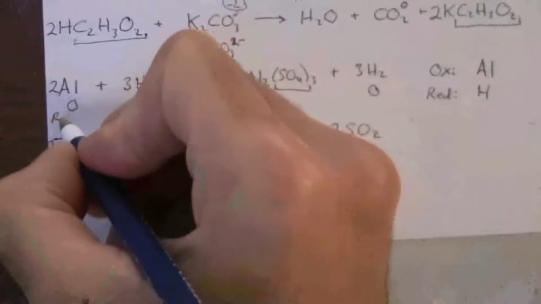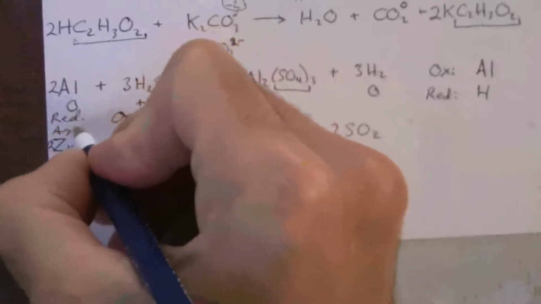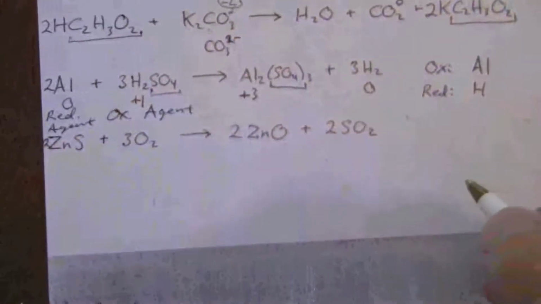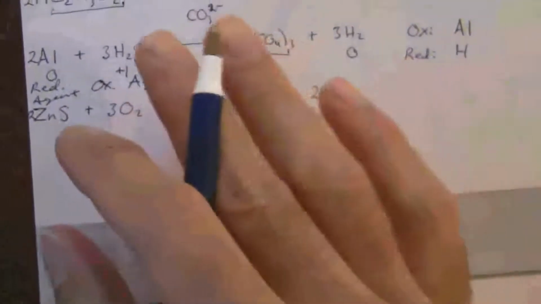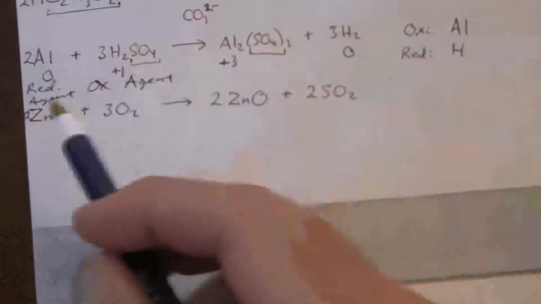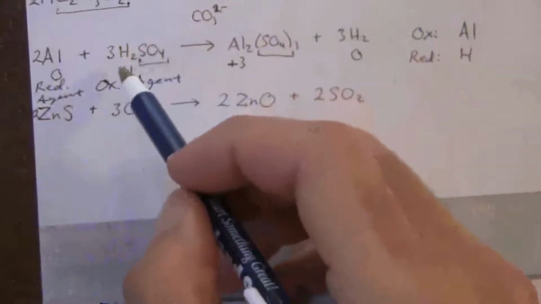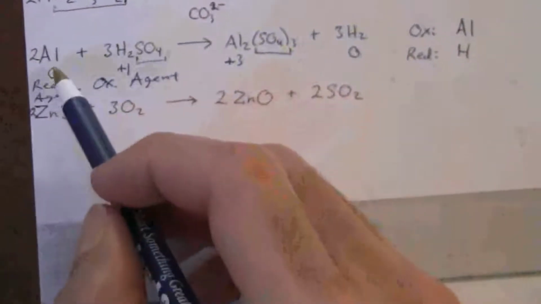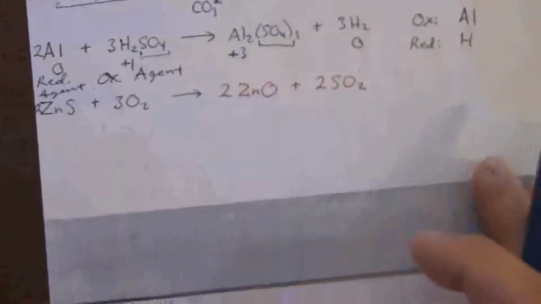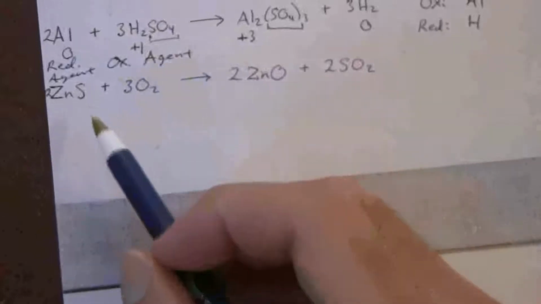So the aluminum is my reducing agent. Okay? They're interrelated. Here's the one that's being reduced. So you look at the one that's oxidized, and it is in the compound that is the reducing agent.